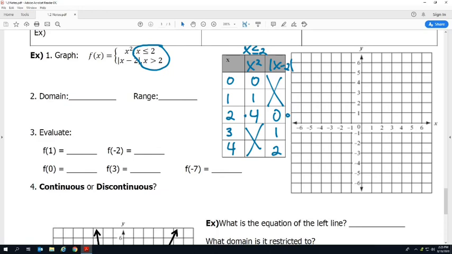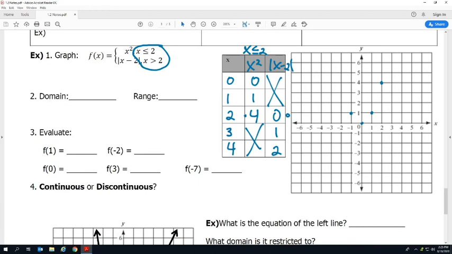So y equals x squared. We have a closed circle here, or just a dot, a point actually, and then 1, 1, and then at 2 we have a closed circle at 4. And then we're graphing everything to the left of 2. So if you'll remember, this is a quadratic.